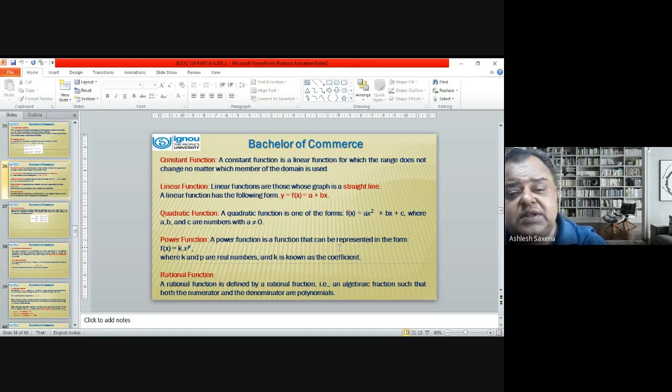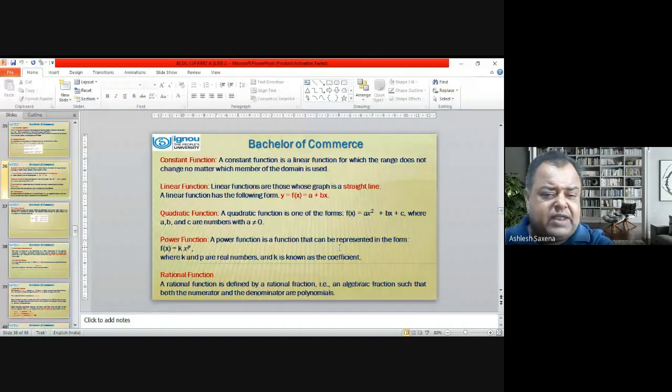Constant function. A constant function is a function for which the range does not change no matter which member of the domain is used. Linear function is a function which has the maximum power of the variable as one.